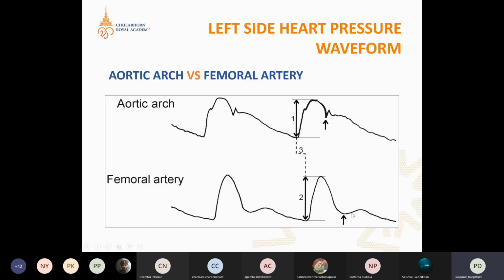So that's why the peripheral pressure from the artery will look like this.